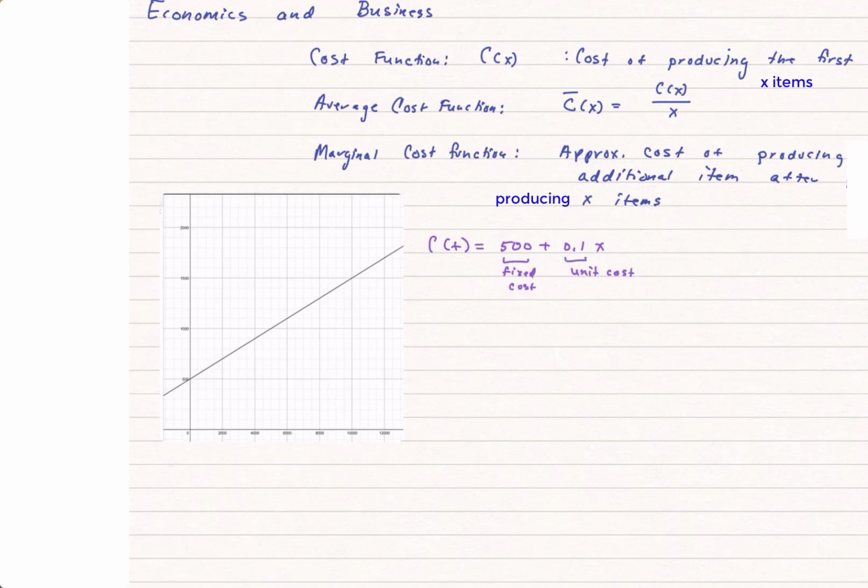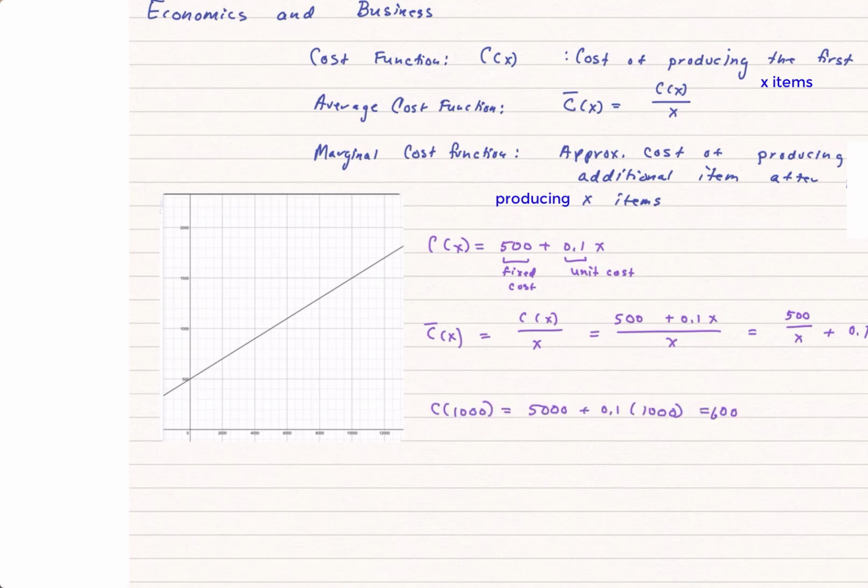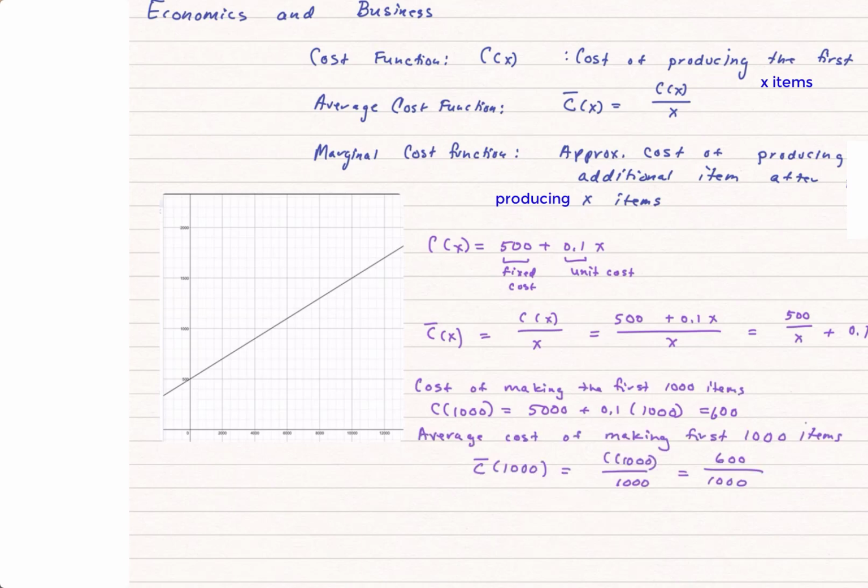If I wanted to find my C bar, then that's equal to my C divided by x, or 500 divided by x plus 0.1. I could ask you what's the cost of the first 1,000 items, and that would be 600. If I asked you to find the average cost of making the first 1,000 items, that would be simply 600 divided by 1,000, or 0.6 per each item.